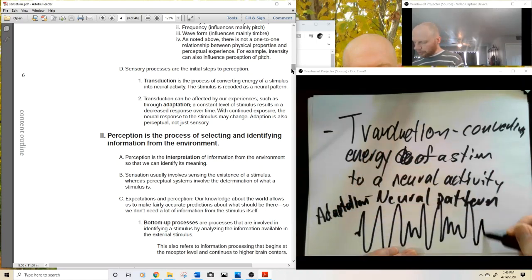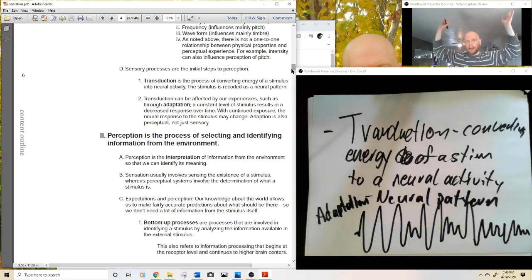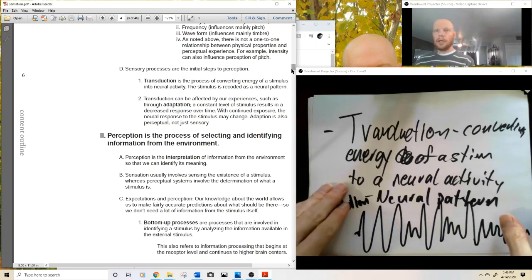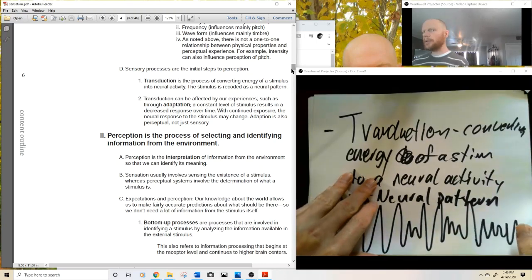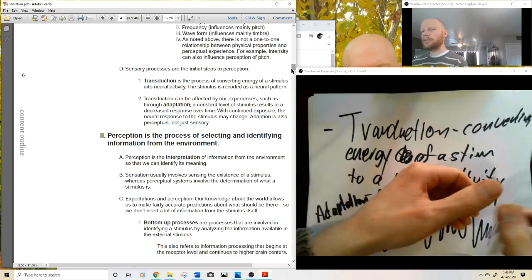But as we experience it more, the neural pattern decreases. This is why when you go into a place and it smells really bad, eventually you go nose blind. Your body goes, oh, new thing, pay attention. Oh, it's not killing me. Okay. And then it goes down. It's also why your friend's house smells weird and your house doesn't smell weird, but your house smells weird to everybody else. Everybody's house smells weird.